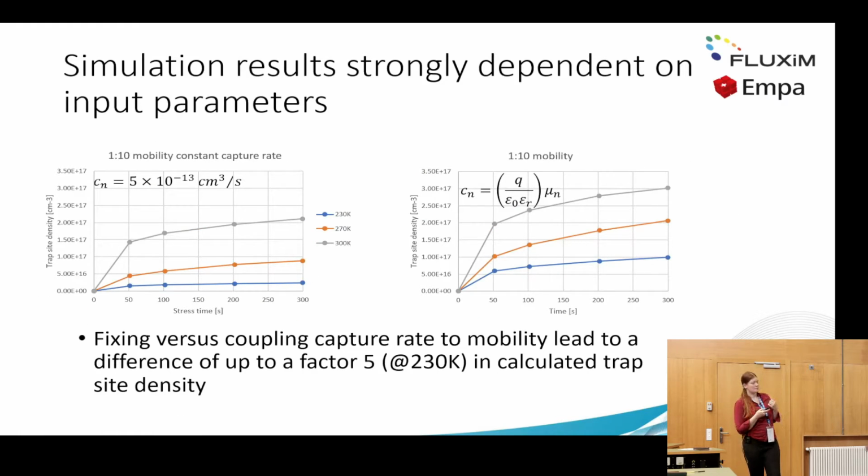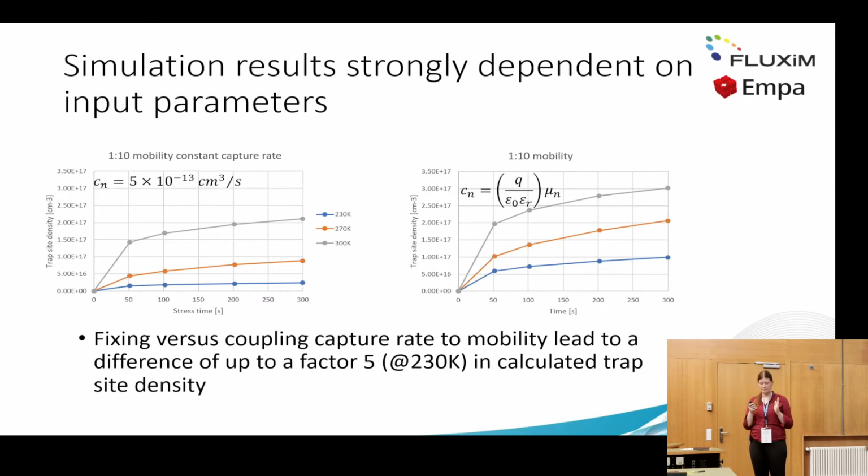Now, one thing that we also noted while doing the simulation is that we have quite a high dependency on the parameters we choose. So here I just show you 2 parameter variations we've done. On the left-hand side is the same graph I showed you before. We have here a fixed mobility ratio between electron mobility and hole mobility of 1 to 10.